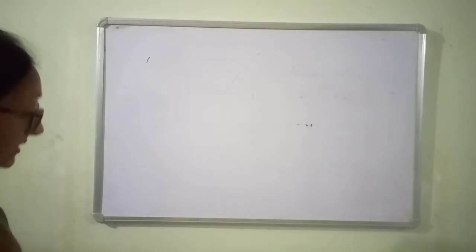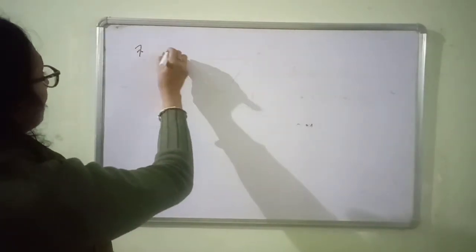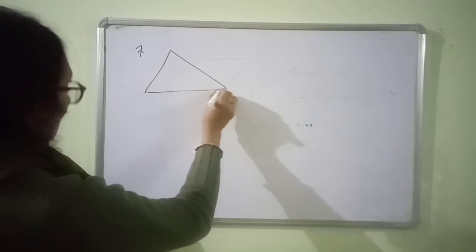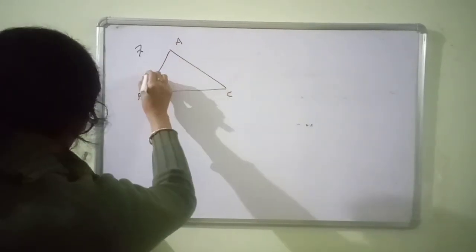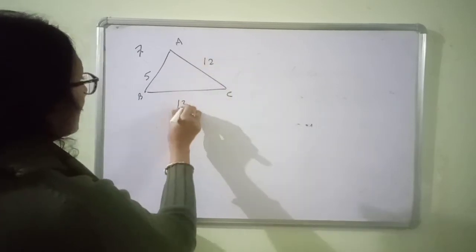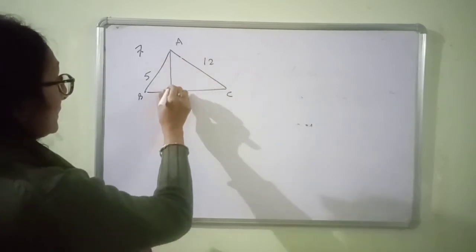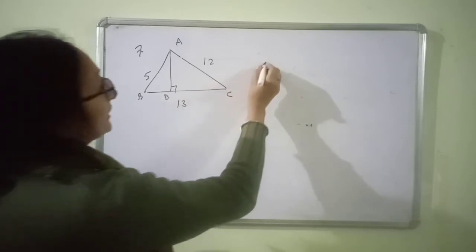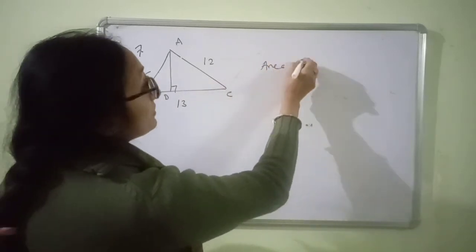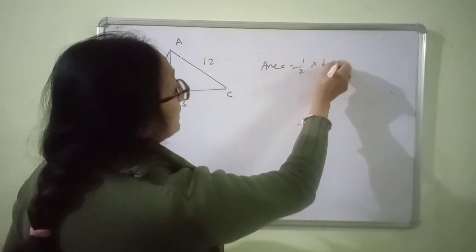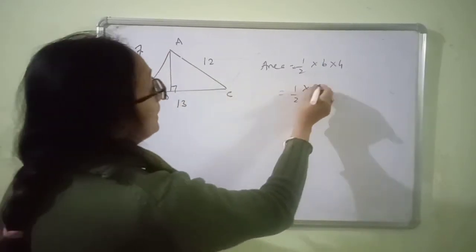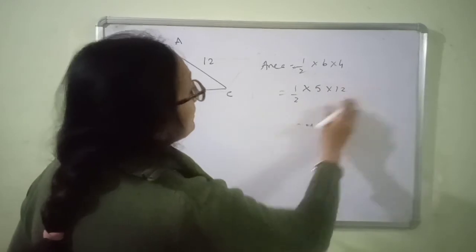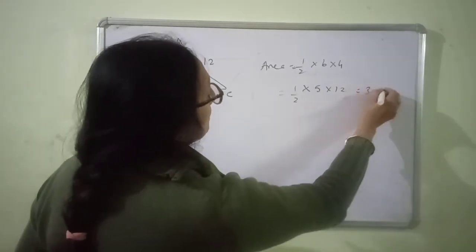So 7th question, ABC is a right angle triangle at A. This is 5, this is 12 and this is 13 centimeter. So first we will find the area of the triangle, which is equal to half into base into height. So first we will take base 5 centimeter and its height is 12. 12 5s are 60 upon 2, 30 centimeter square.